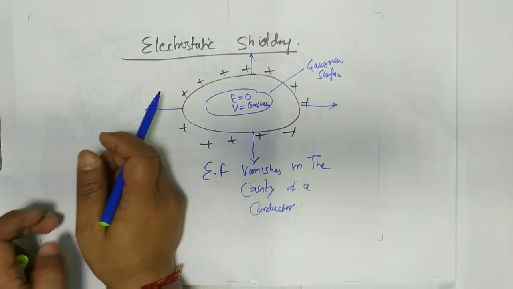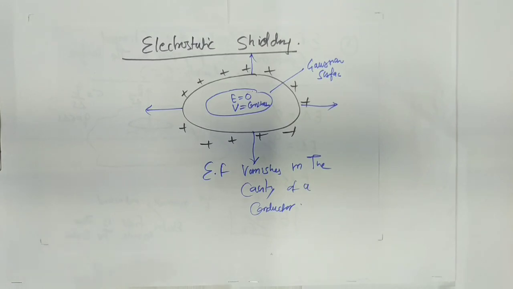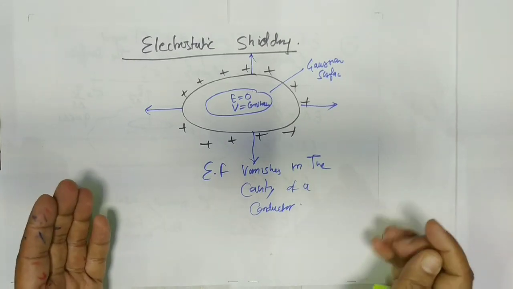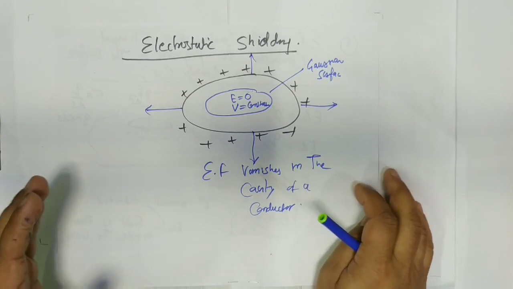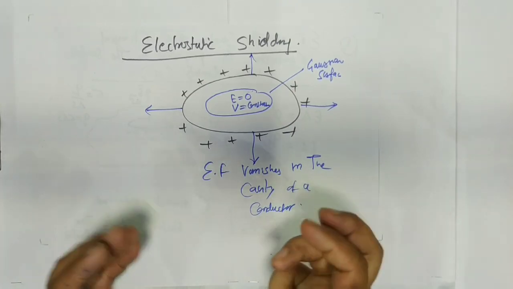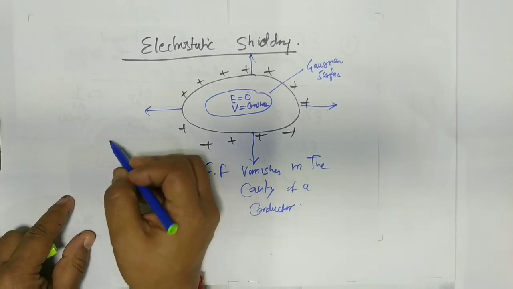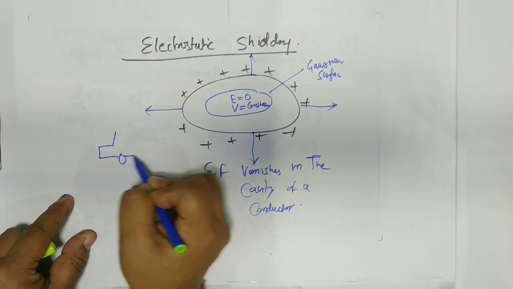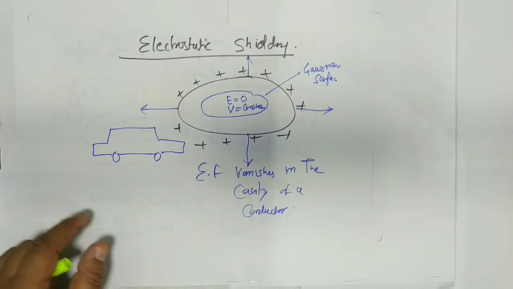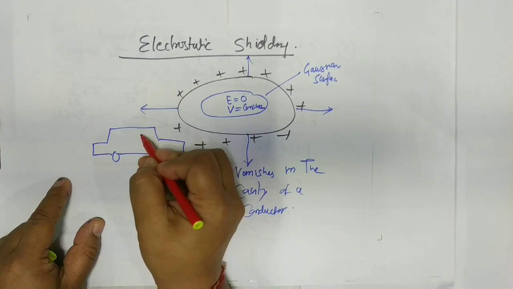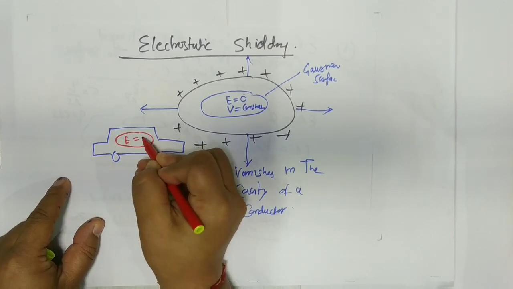Remember, there's an example that when lightning takes place, it is better to move inside a car rather than standing near a tree. Why? Because inside the car you will feel safe, because the electric field will be zero. You are inside the car and it forms a cavity, and the electric field will be zero.